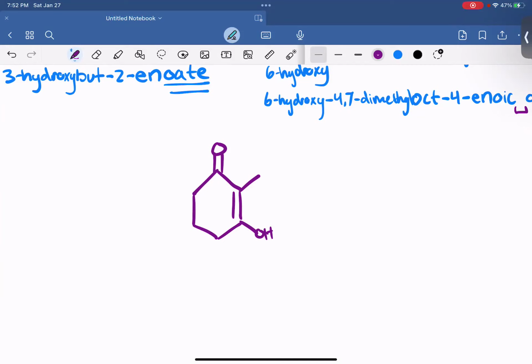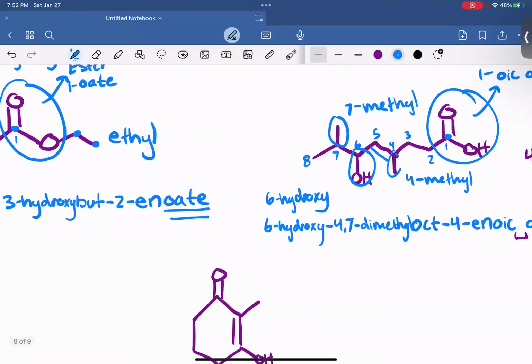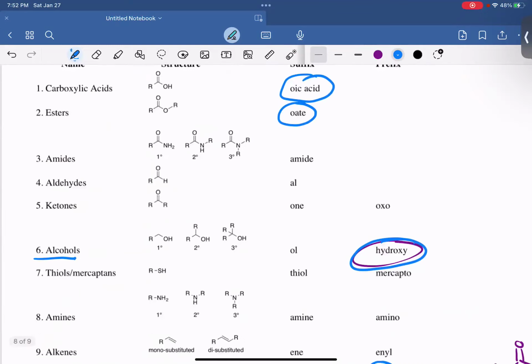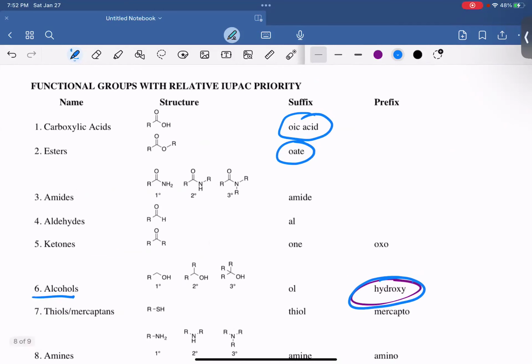Here we have a ring, and I'm going to show you that your rules are followed the same way, and it shouldn't change that it's in a ring. So what's your highest priority functional group? Well, it's a ketone. What is the suffix of a ketone?